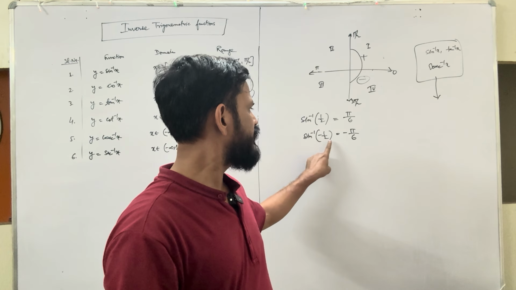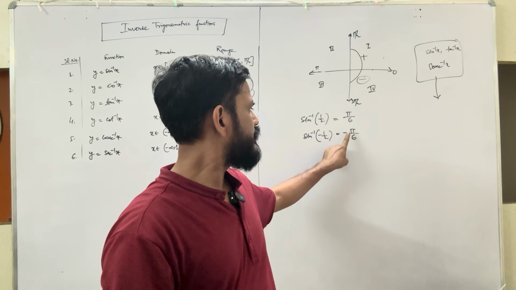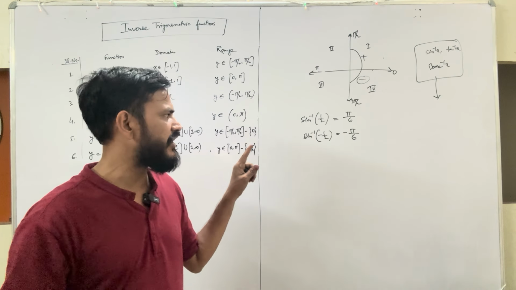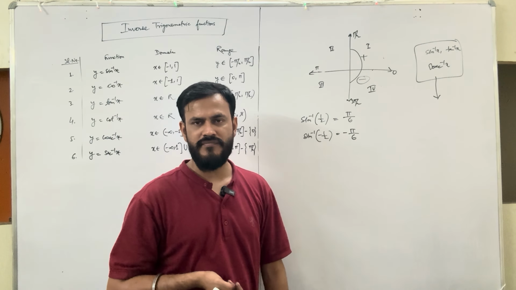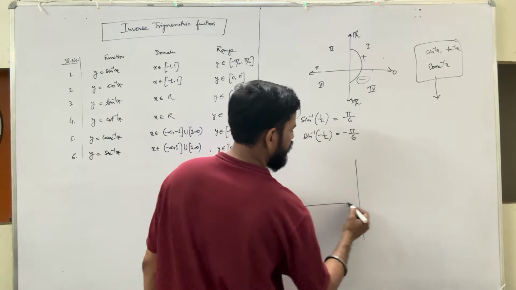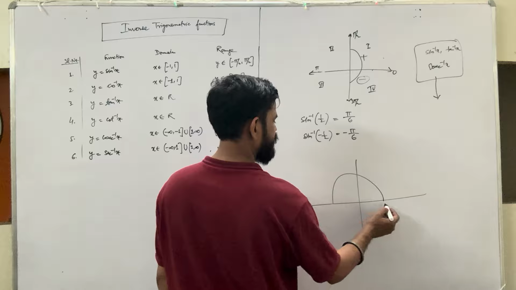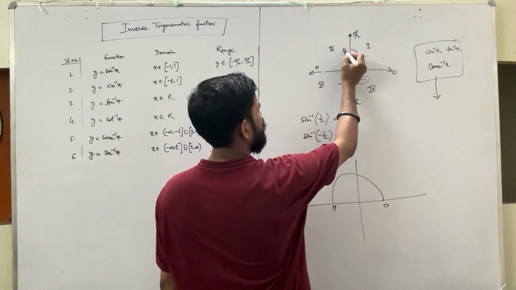And if the argument is negative, you just have to put a negative sign, so the angular value will be the negative of what you got for the positive argument. Now for the rest of the three trigonometric functions, the principal value is 0 to pi. So this one is minus pi by 2 to pi by 2.